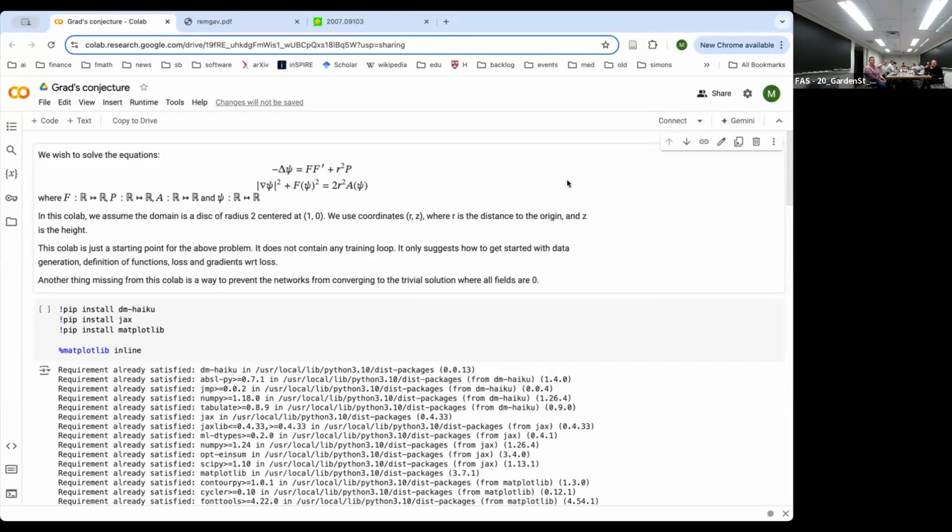The thing that is missing there is that, at the moment, the way the Colab is written is just on a circle. I think I've put an idea on the Zulip on how to deal with more than just a circle, and I think Fabian, you had a similar idea, where basically you have a circle and then you can deform it by adding something which is proportional to something in the radius direction.